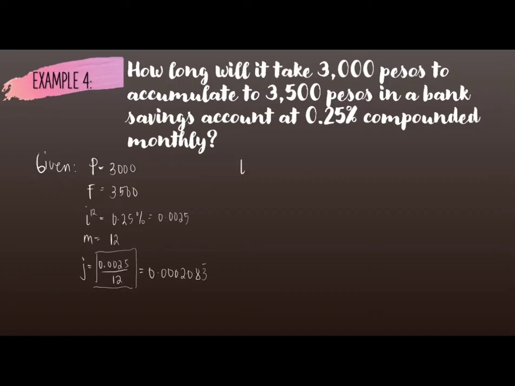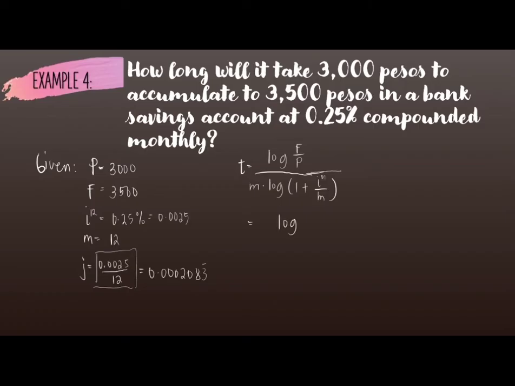Okay, so formula for the time or term is logarithm of F over P all over m times logarithm of 1 plus, since wala tayong j, gamitin natin si interest rate over m. Okay. So, input natin lahat ng given.